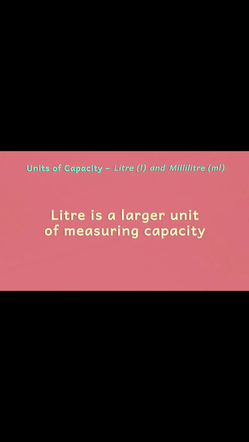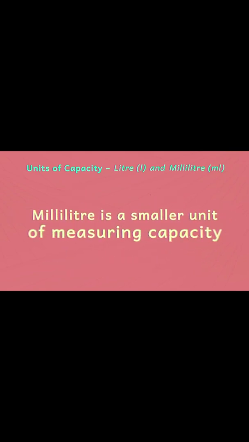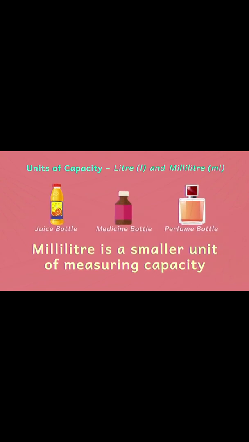Liter is a larger unit of measuring capacity and is used to measure the capacity of large containers such as oil cans and buckets. Milliliter is a smaller unit of measuring capacity and is used to measure the capacity of small containers such as a small pack of juice, medicine or perfume bottle. 1 liter equals 1000 milliliters.